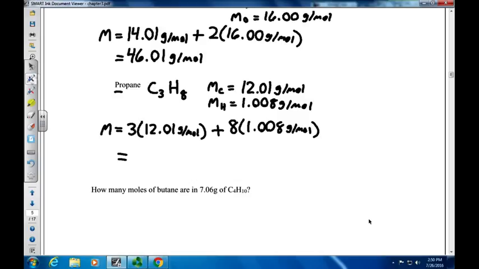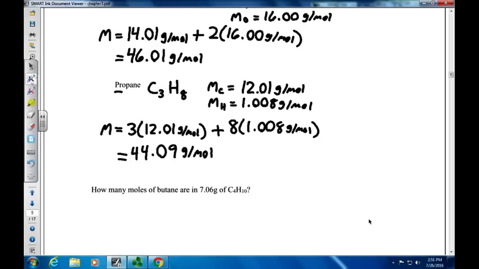And your molecular mass ends up being 44.09 grams per mole. So every 1 mole of propane should weigh 44.09 grams.